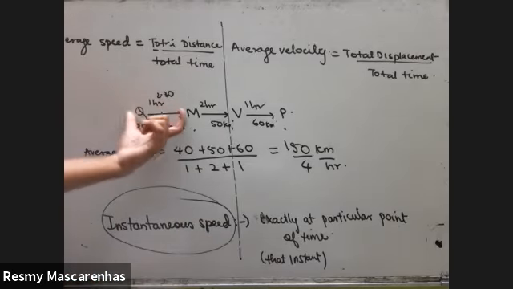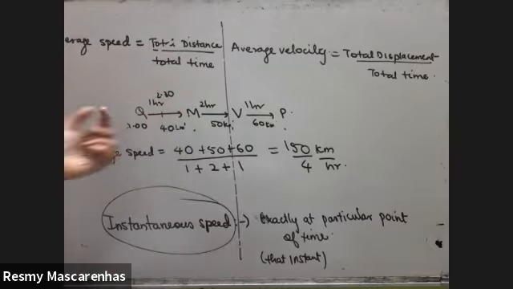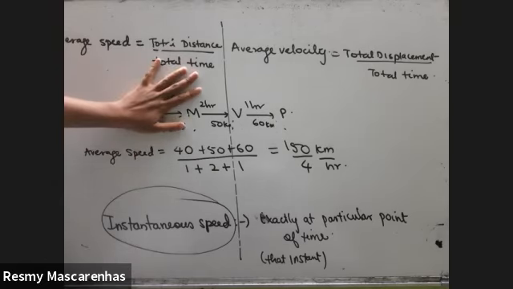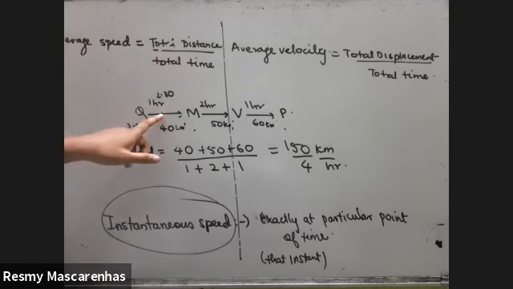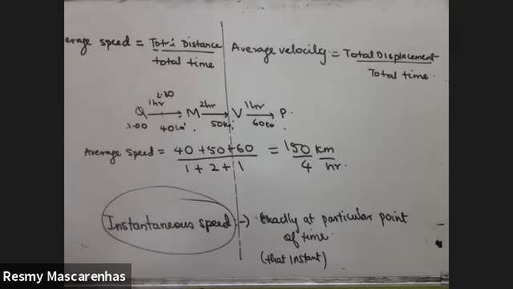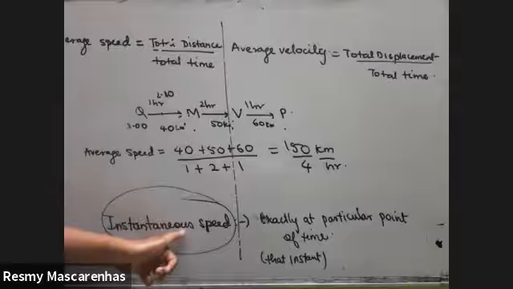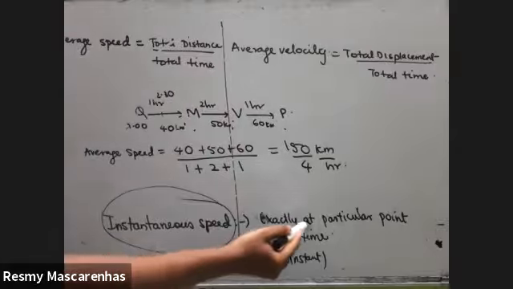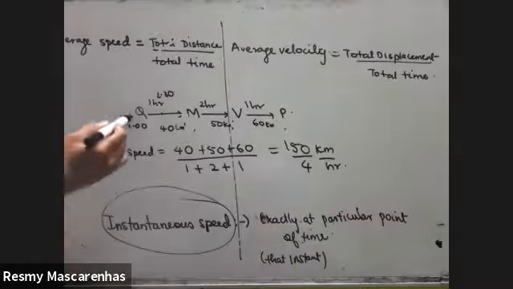Whenever we talk in general terms, like 40 kilometers you traveled in an hour, we tell on an average basis. But instantaneous means exactly at that particular minute or second, what speed is showing on your bike. So exactly at one particular point of time, not the whole distance.